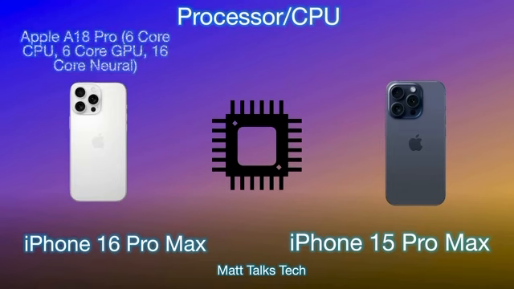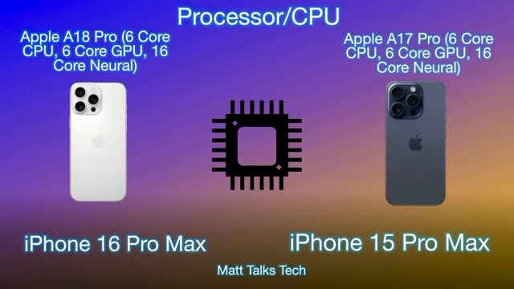But then moving over to the processor and the CPU, what are the differences that we've got here? Well, we have the A18 Pro and the A17 Pro. So the iPhone 15 Pro Max has the older A17 Pro with the 6-core CPU, 6-core GPU, and the 16-core neural engine, whereas the iPhone 16 Pro Max has the exact same setup.